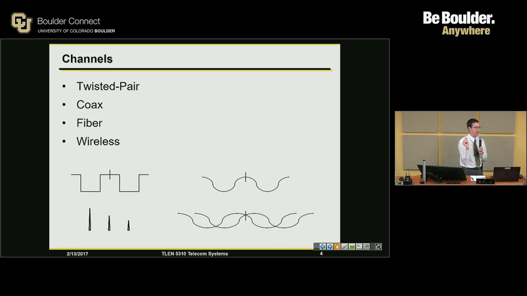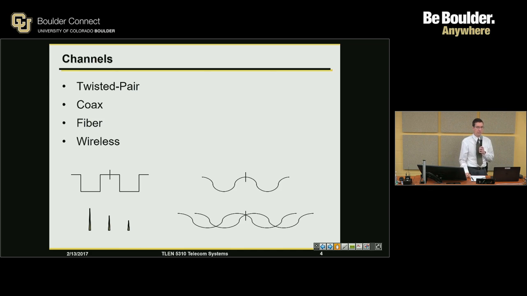If I twist it with lots of turns per inch, my inductance will go up a little bit more. So the ideal situation is I want, to the extent possible, to balance my capacitive reactance and my inductive reactance to be about the same, so they cancel each other out. And if I can do that, then I can transmit much farther, and I can transmit much faster.